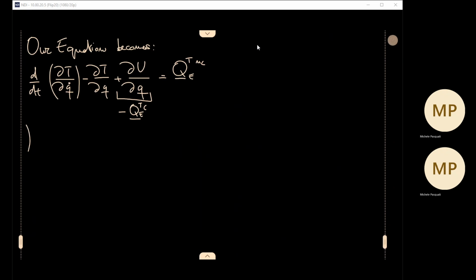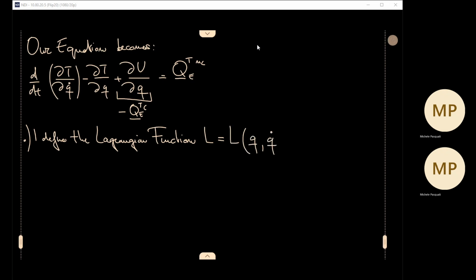So I define the Lagrangian function, you maybe already have heard of it, which is L, which is typically a function of q, q dot and time, as T minus U, the difference between kinetic energy and potential energy.